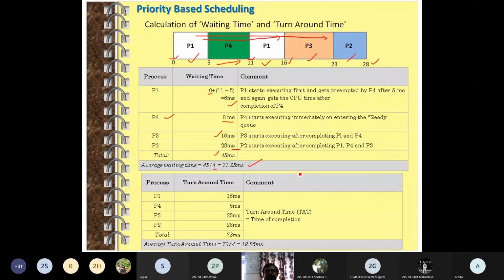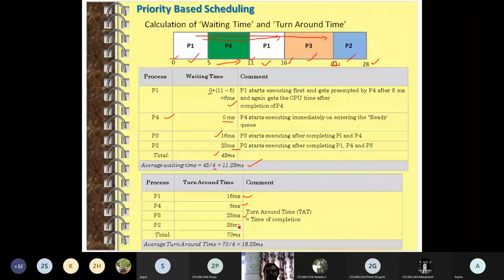Then, when is each process going to complete, on average? We can observe here that P1 terminated at 16 milliseconds, P4 terminated at 6 milliseconds, and P3 terminated at 23 milliseconds. You can observe here 23 milliseconds.